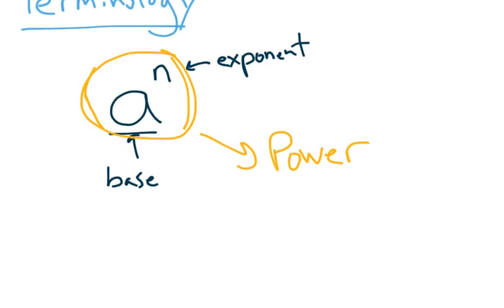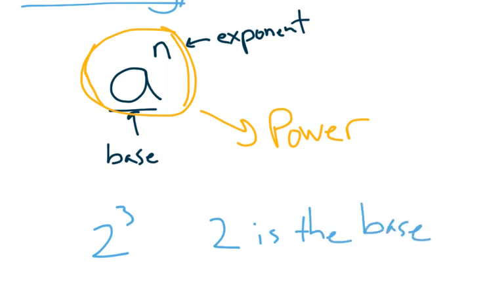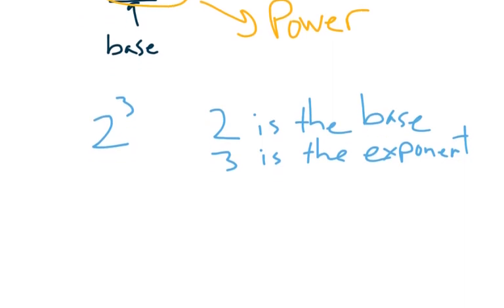And so let's apply this with some actual numbers. So let's go 2 to the third. What we get here is that 2 is the base, 3 is the exponent. And we have two ways of answering it.